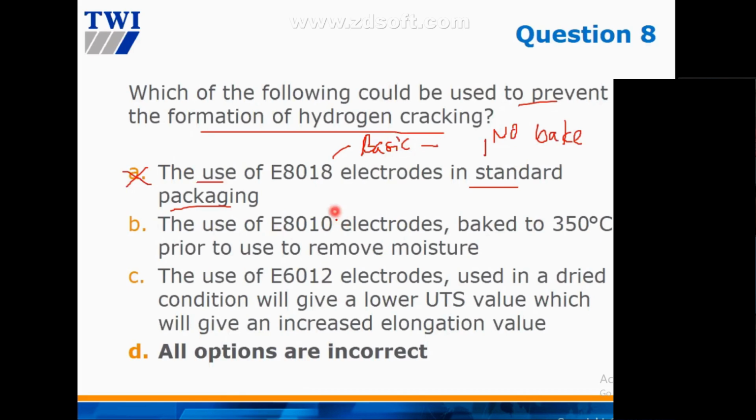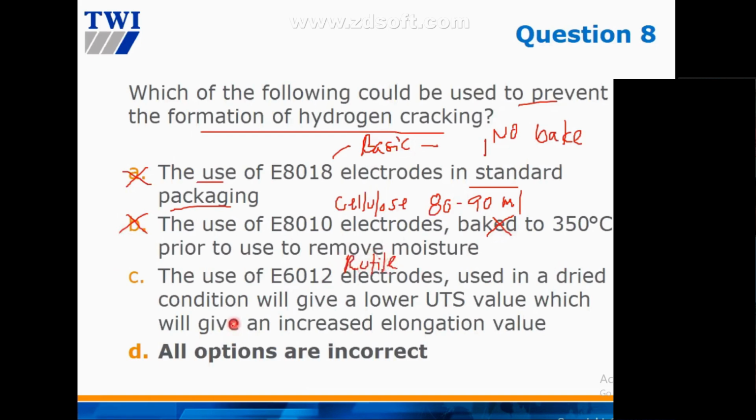B, 8010, this is cellulose, where we know that this hydrogen level is in between 80 to 90 milliliter, which is high hydrogen, and must not bake. If you bake, you damage the electrode. All right, that's wrong statement here. This one, 6012, this is rutile.